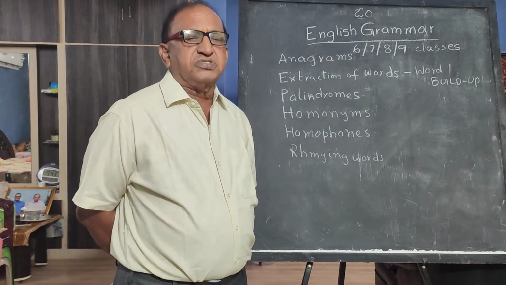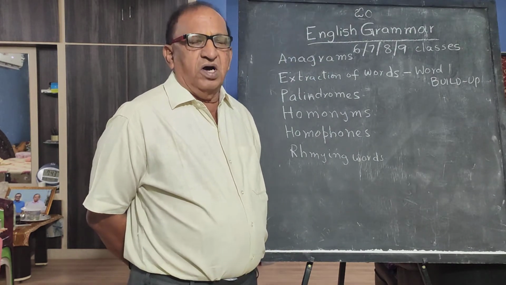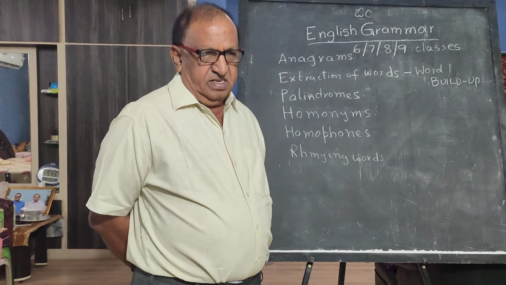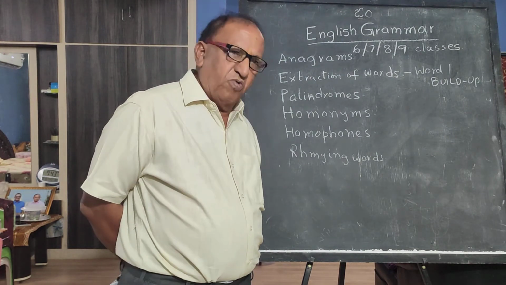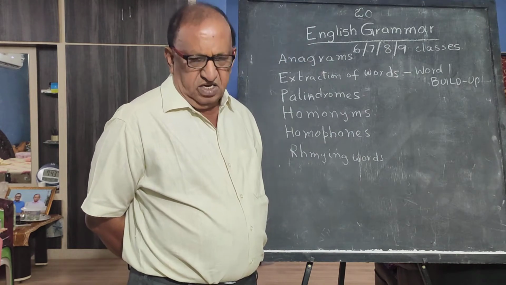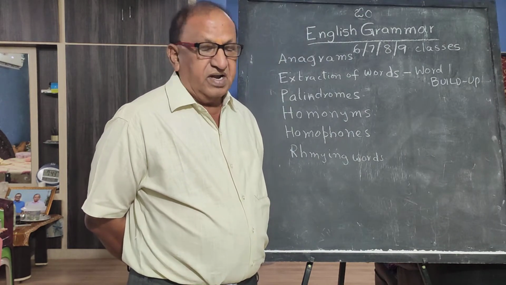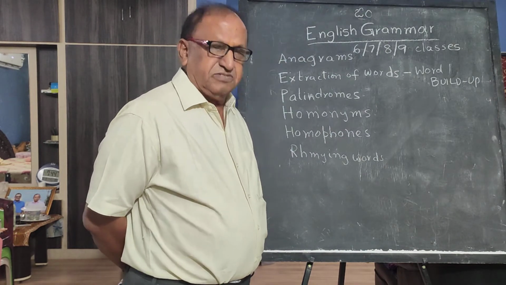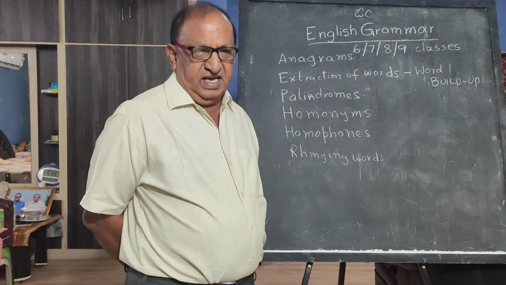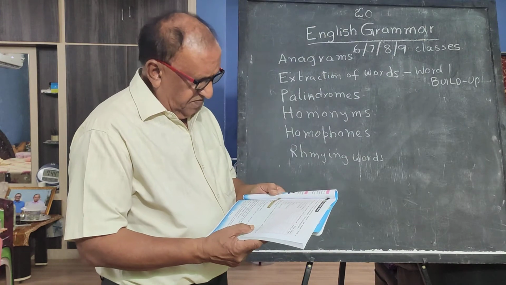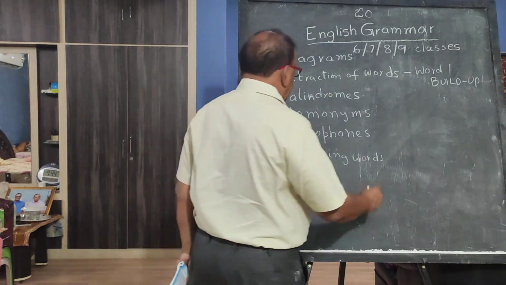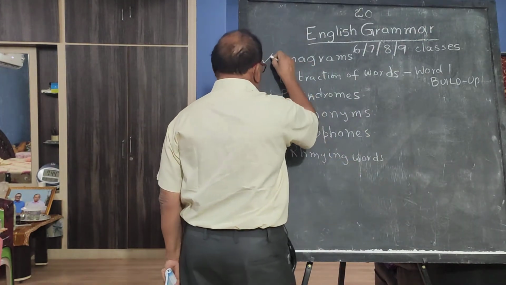Anagrams are those words where, by reshuffling the letters in the word, you will get a new word. You are not bringing in any new letters. All you are doing is reshuffling. Here, for example, if you take arc, so first one we are talking about this.